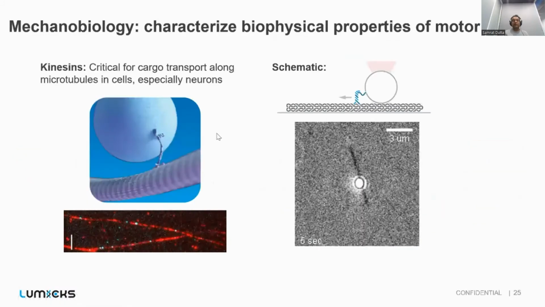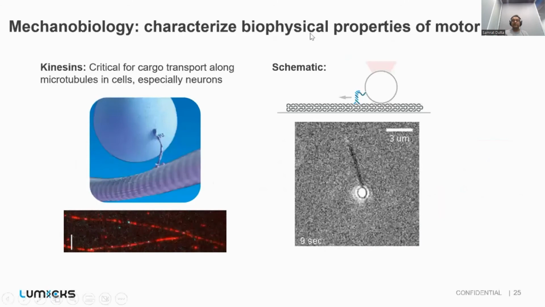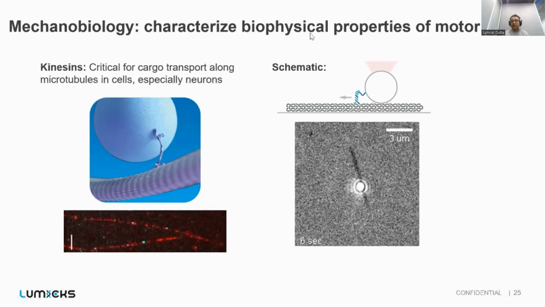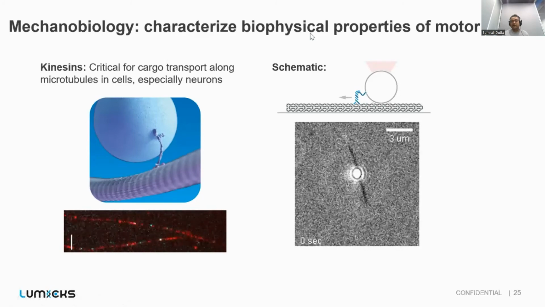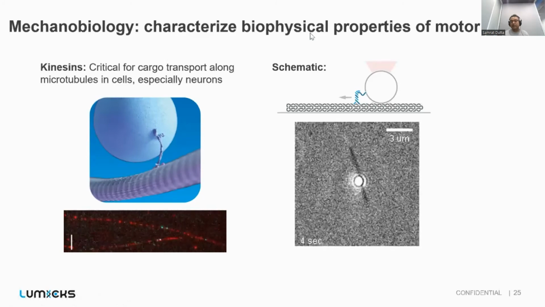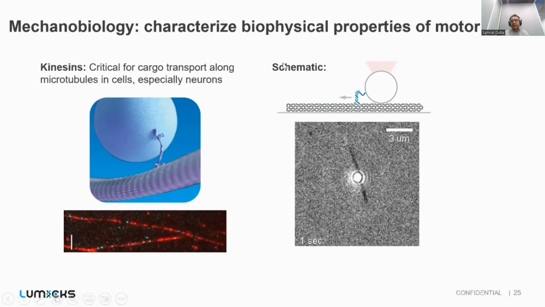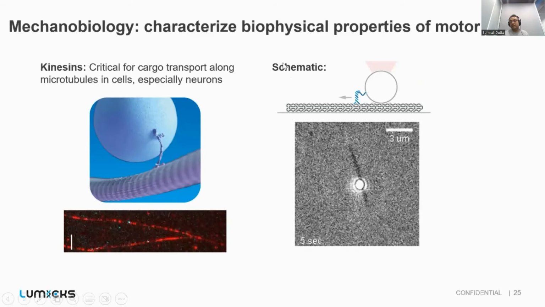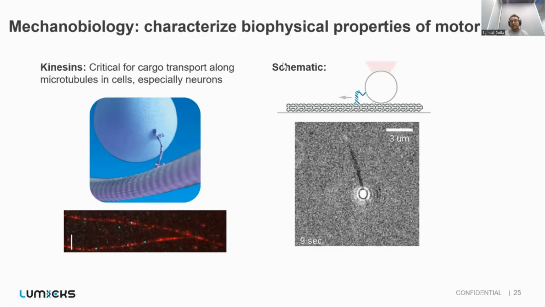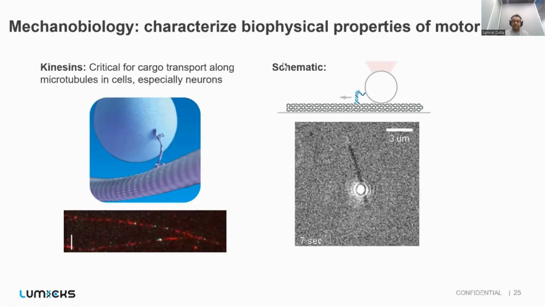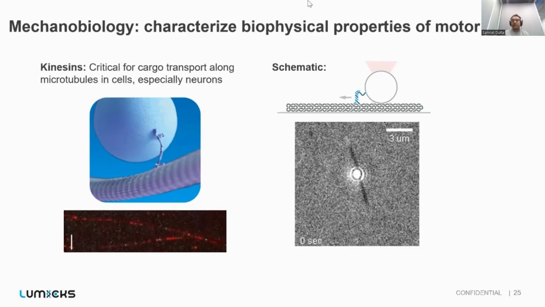Another area where C-trap is extensively used is to study the interaction of motor proteins with biological filaments, for example, microtubule or actin filament. The reason why the interaction of motor proteins with biological filaments is studied a lot nowadays is because of its association with different types of neural diseases.